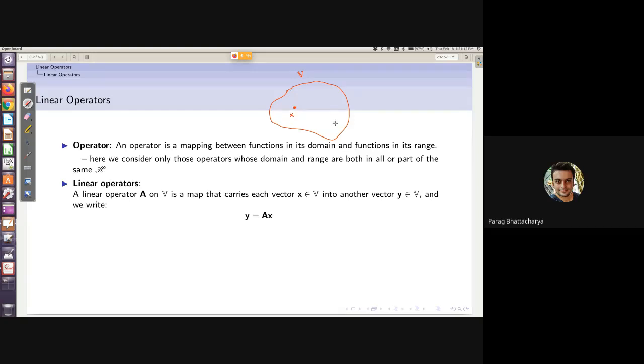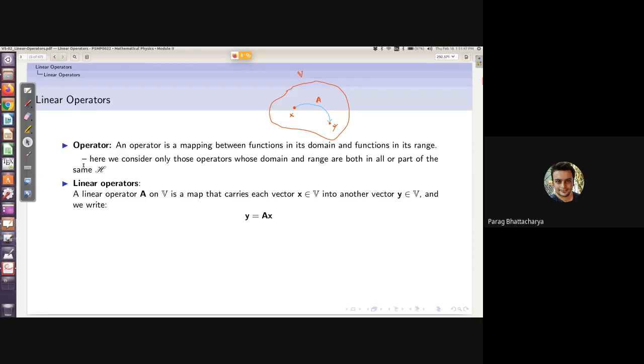Suppose from this vector x I am able to go to some other vector, which we call y, which lies in the same vector space. Then this mapping which takes me from one vector to the other is what we call the operator. So that's a linear operator.